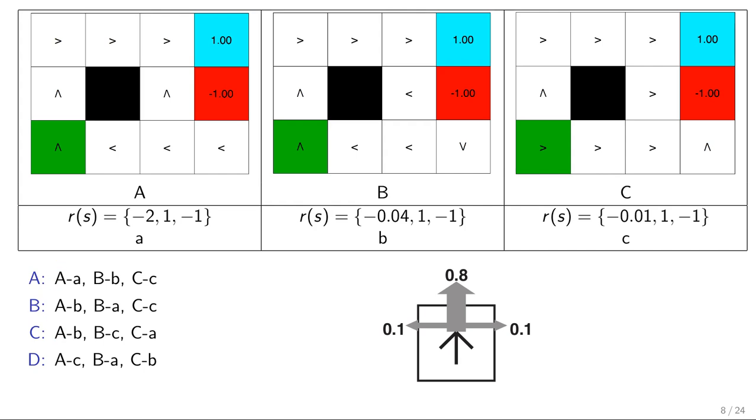The way to read this is that AA means that to this environment you would assign this reward function, and AB means that for this environment it should be this reward function.